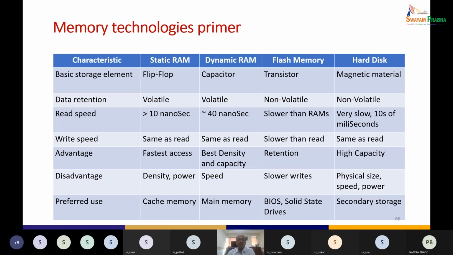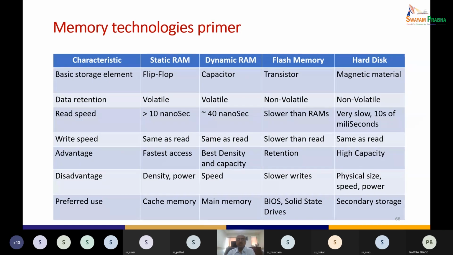Dynamic RAM has a capacitor which can be charged or discharged. However, in dynamic RAM, refreshing at a periodic interval is required because the capacitor is not ideal, but has some time constant, due to which it loses charge over a period of time. So it needs to be read and rewritten every 10 milliseconds or as specified by the manufacturer.